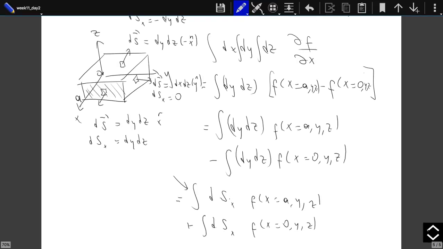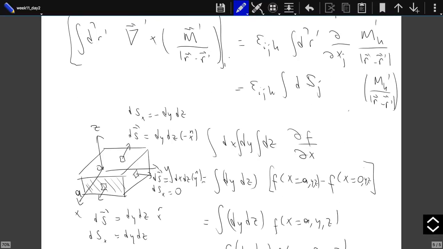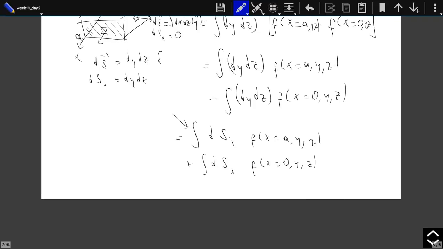The second term is the surface integral over this surface. The other surface integrals, if I take the x components, will all be 0, so I can just add them. So this is nothing but equal to the integral over the whole surface of dS x times f.